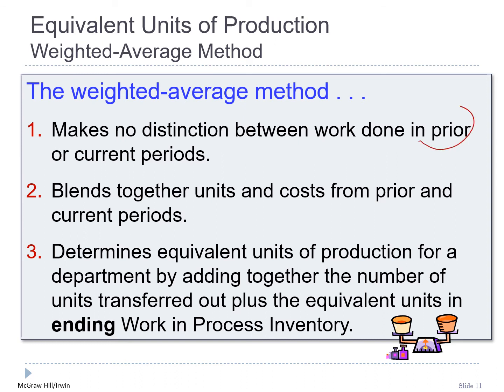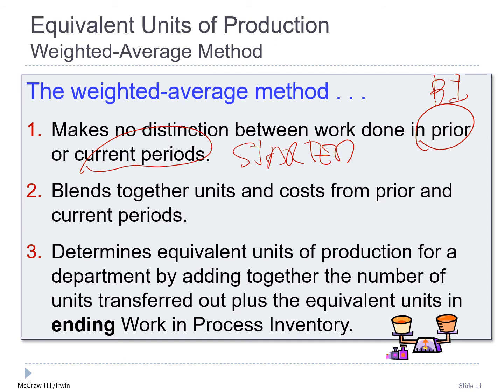Work done sa prior period, ang tinutukoy dyan yung beginning inventory. Kung sinabing current period, ito yung started lang for this month. So pag pinag-add silang dalawa, yan yung ipoproduce mo for this particular department.